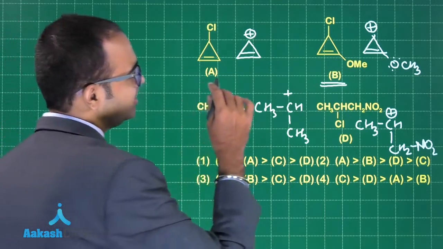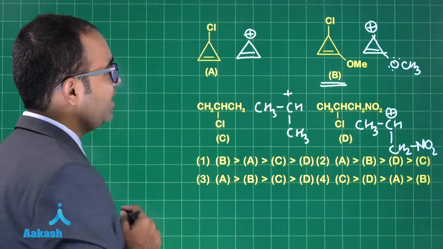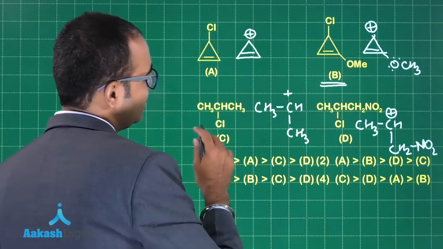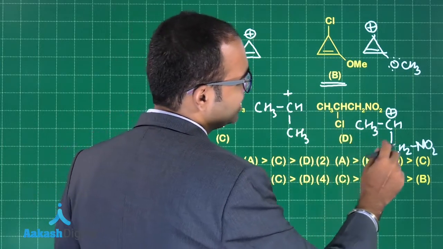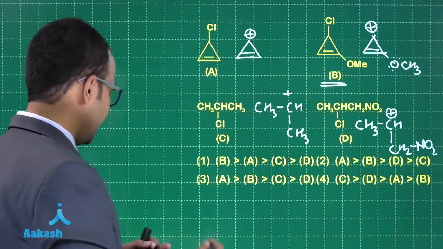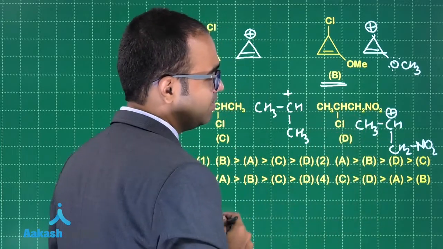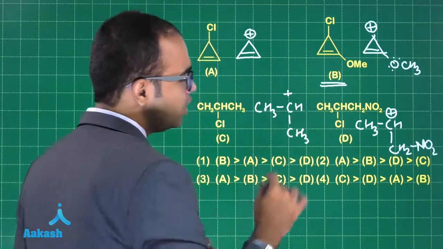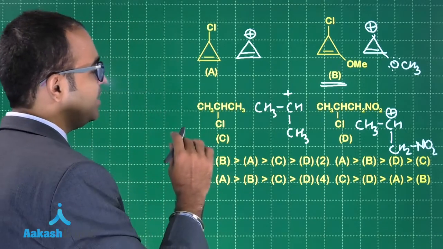After the second compound, we will get the precipitate from the first compound, because this carbocation is stabilized by resonance. Between the third compound and the fourth compound, the fourth compound is attached to a NO2. So NO2 will destabilize the carbocation. That's why NO2 attached to CH2, which is attached to a carbocation, will not give you that precipitate that easily, guys. So the slowest one to react will be D and the fastest one to react will be B.